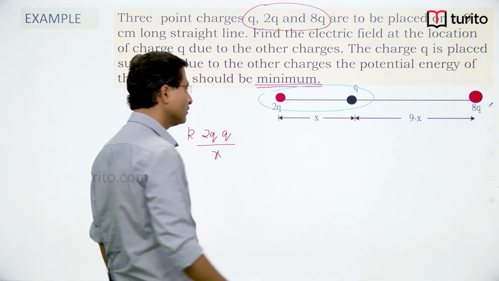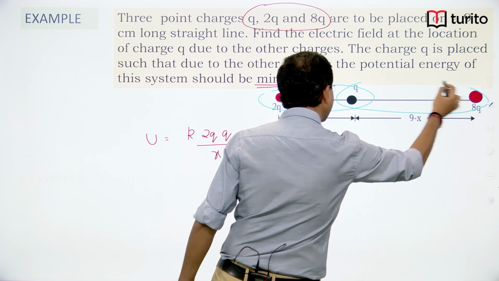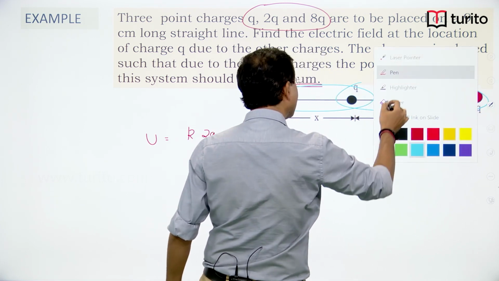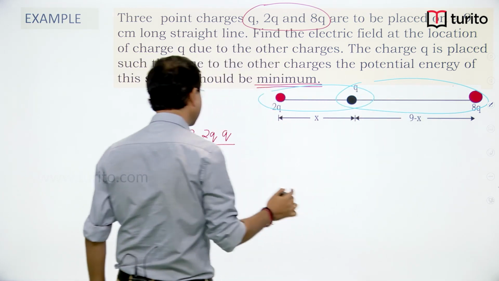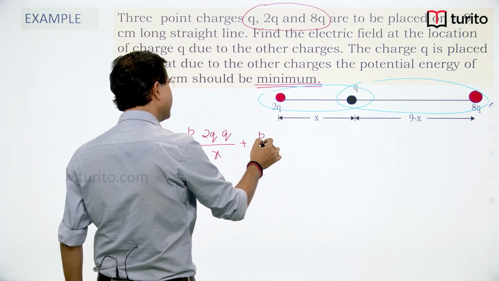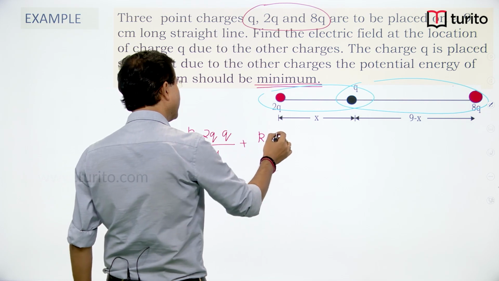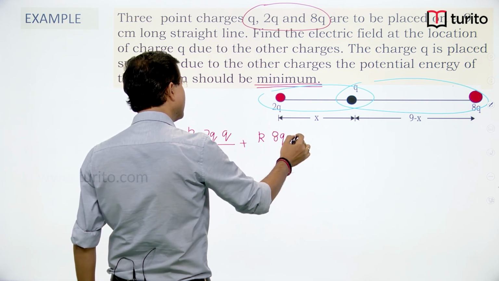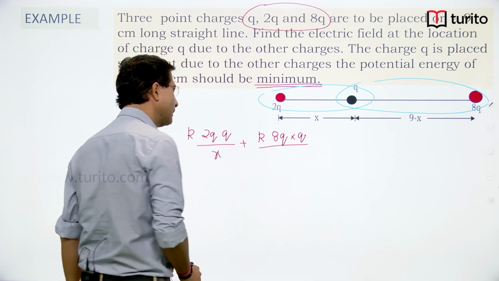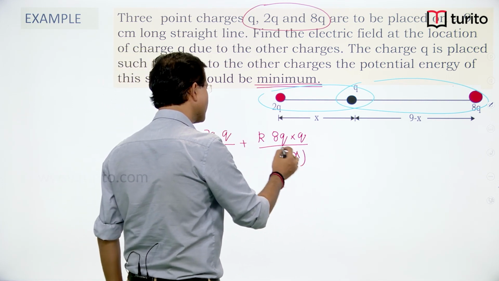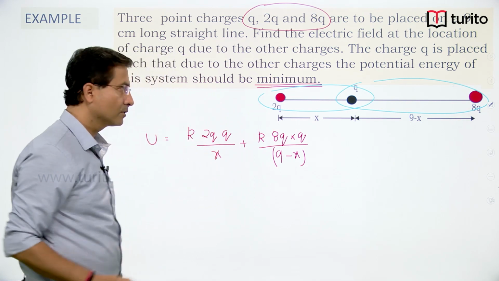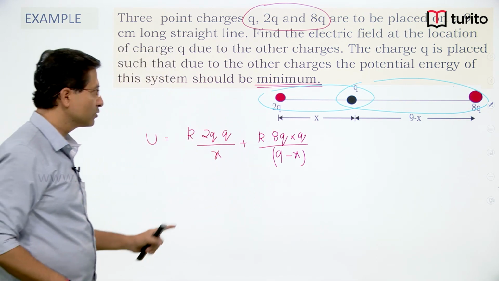Now, for these two I can write plus k 8q into q divided by 9 minus x. So, these two are over.